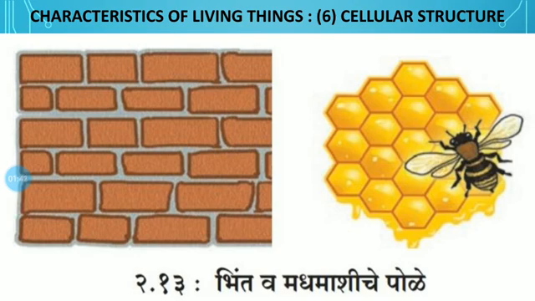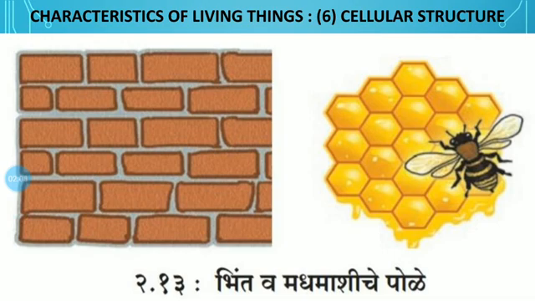Observe a honeycomb and a wall. What are they made of? How and what they are made of? Before that, we have to observe carefully what is present on the screen.